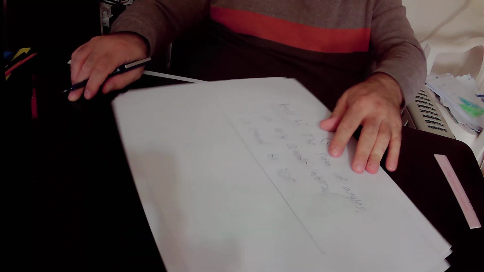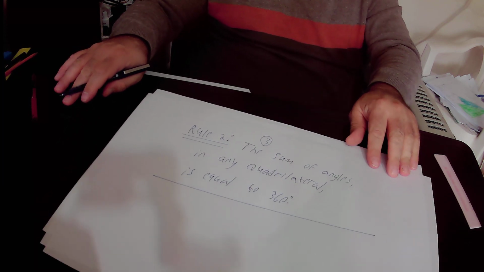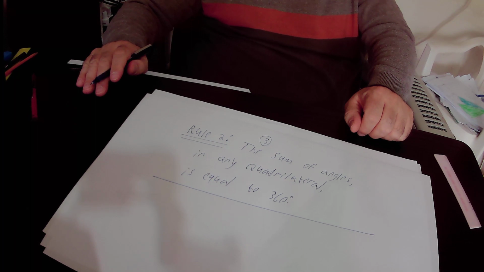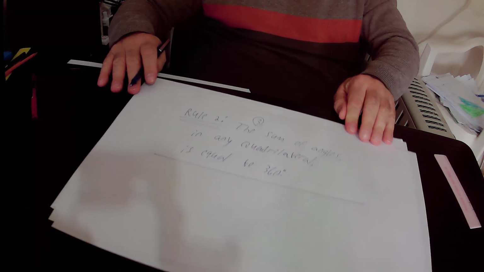I will read rule number 2 again. According to rule number 2, the sum of the angles in any quadrilateral is equal to 360 degrees.